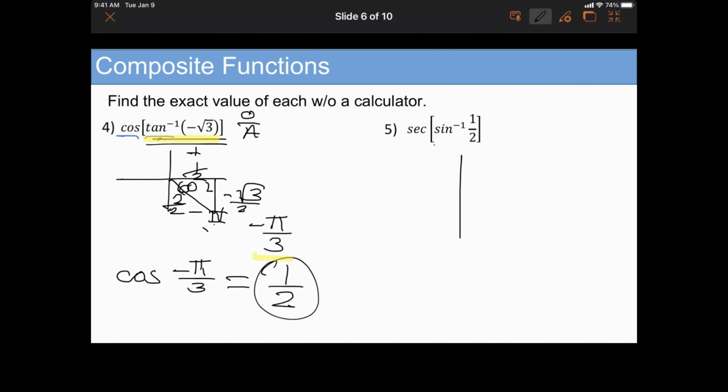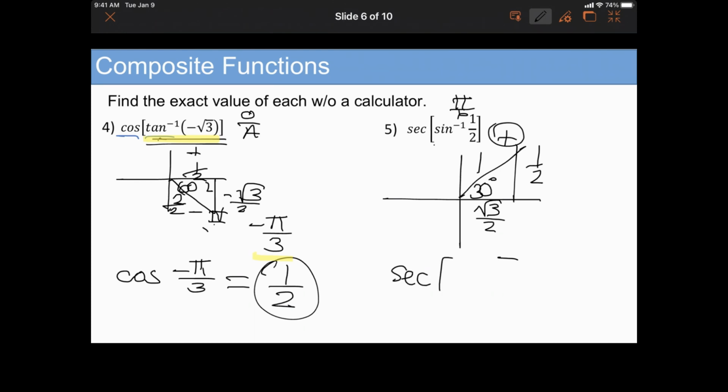All right. Inverse sine, positive, negative. So I want positive. And it is opposite over hypotenuse. So this is going to be 30 degrees. Okay. So that is pi over 6. So this is pi over 6. So I have secant of pi over 6, or 30 degrees. So that's going to be the same. So I'm not changing anything.